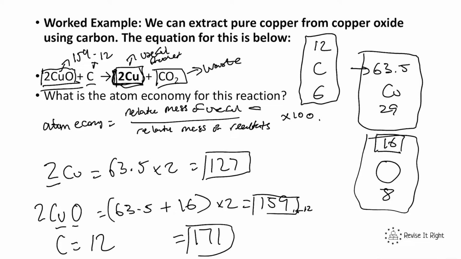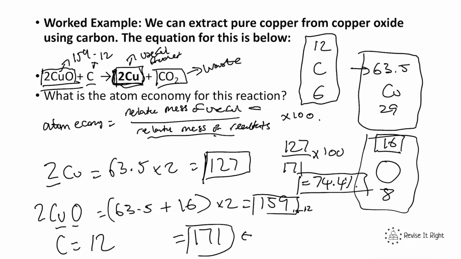So what that tells us is the relative mass of all our reactants is 171. So we can now put these into our equation. The relative mass of the useful, which is 127, divided by the relative mass of the reactants, which is 171, times by 100, gives us an atom economy of 74.4%. And that's how we work out the atom economy.